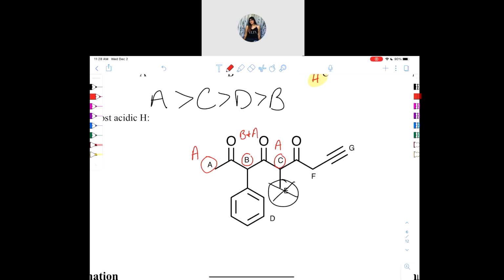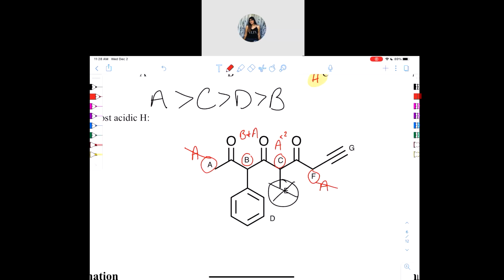C is allylic times 2. And F is allylic. So between these, we see that we have a benzylic and allylic, and then we have one that's 2 times the allylic because there's 2 carbonyls. So I'm going to get rid of A and F.